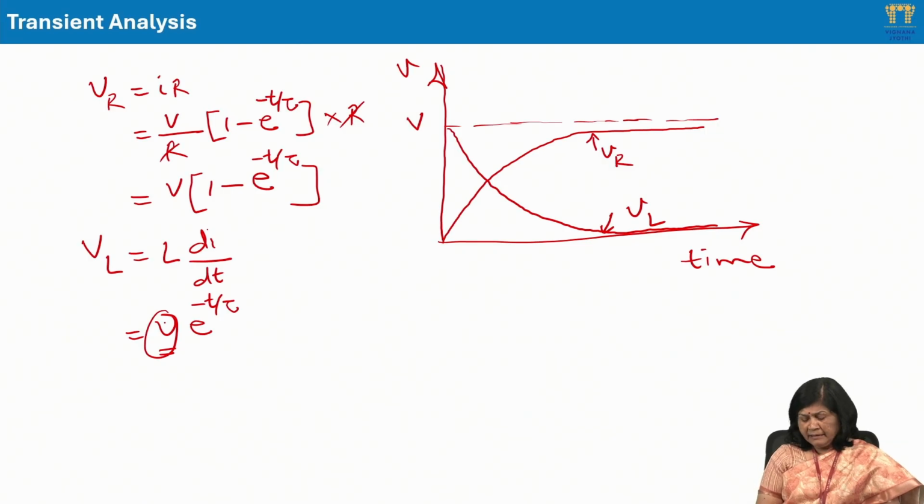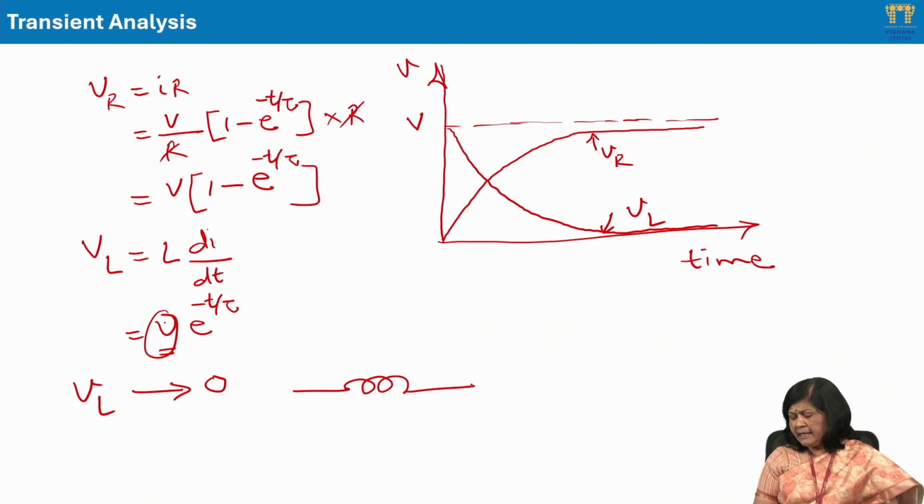That means the voltage across the inductor is heading towards 0. When voltage across the inductor is going to 0, this inductor at the final stage will behave like a short circuit.